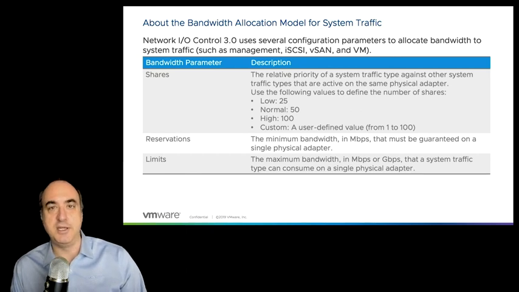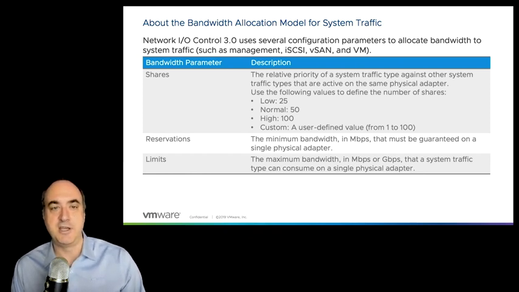What we'll do is at the network adapter level, you're going to assign a share value, right? But that's already set by default, but you can always adjust this. You set the share value for how the different types of traffic are going to compete for the resources on each and every networking adapter. That share value will be between 1 and 100. As we said, every type of traffic by default gets 50 shares.